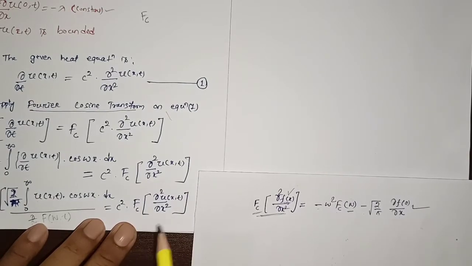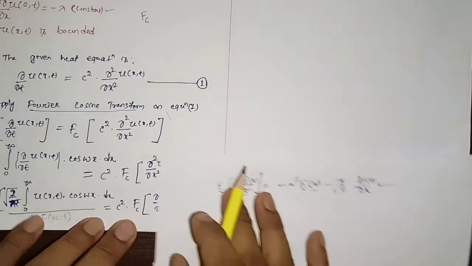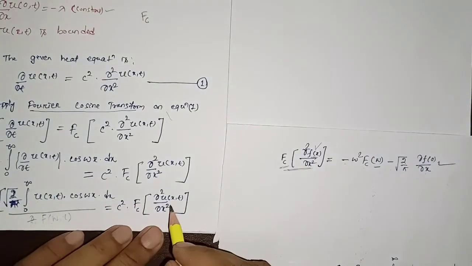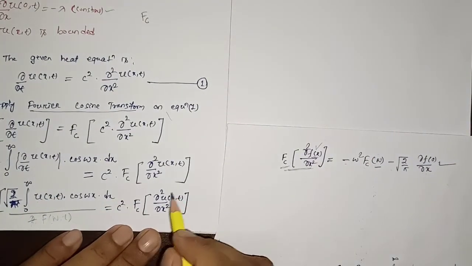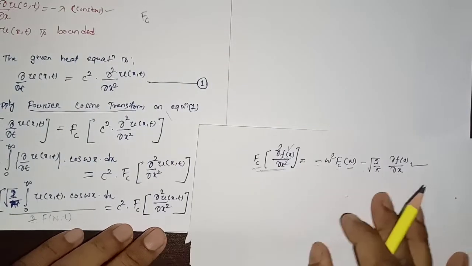the Fourier cosine transform of the second derivative of u, which is a function of x and t. Here the Fourier cosine transform is applied over the x variable, right? Instead of x we write omega.